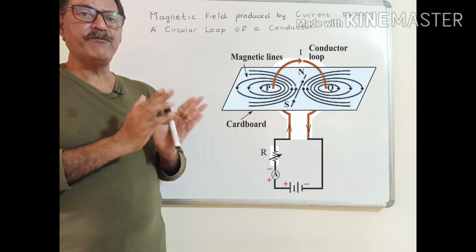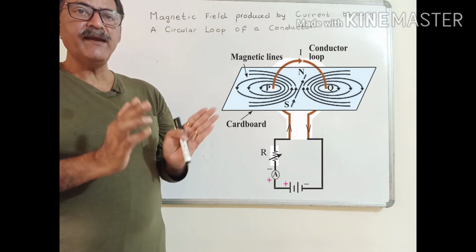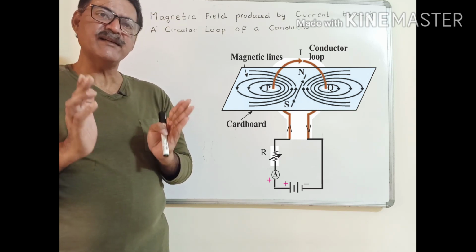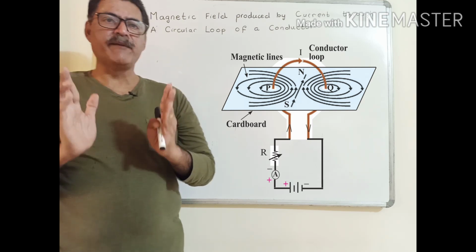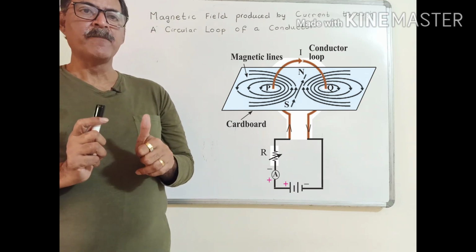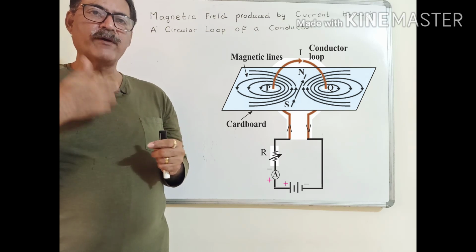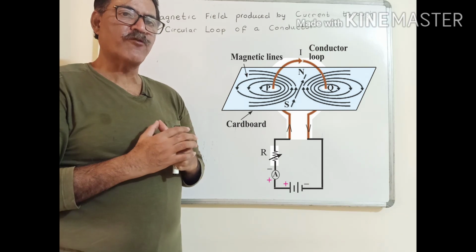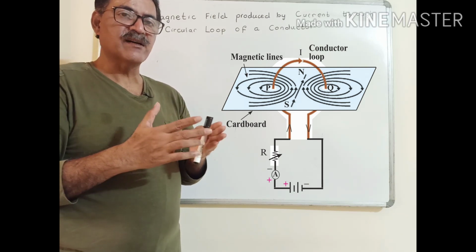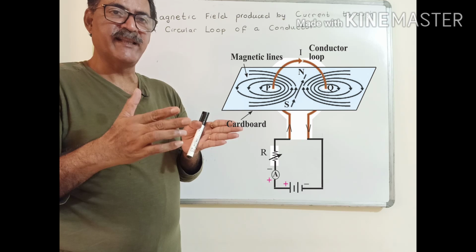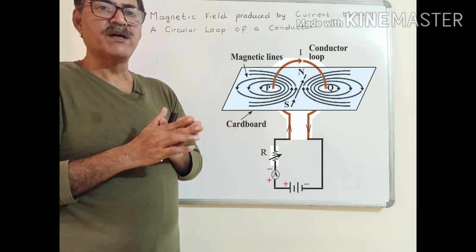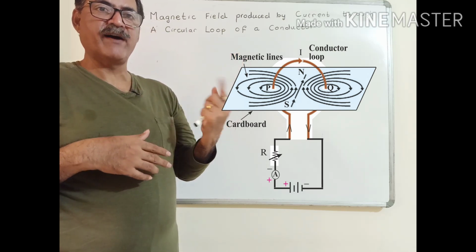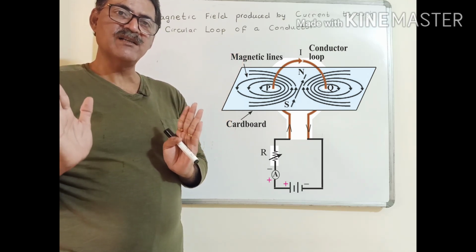Now students, I believe you have understood the magnetic field lines produced by a current carrying circular loop. The important things that you have to remember are that the magnetic lines of force of a current carrying circular loop are in the form of concentric circles, and these circles become bigger and bigger, or the distance between them increases as we move away from the loop, and towards the center of the loop the circle becomes a straight line with one end as the north pole, the other end as the south pole.